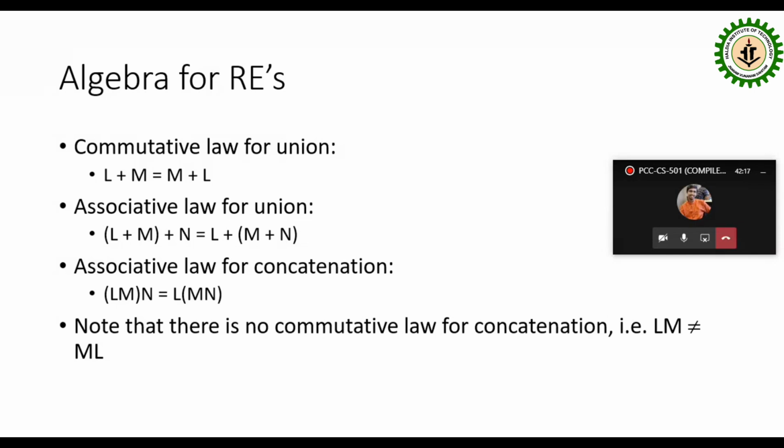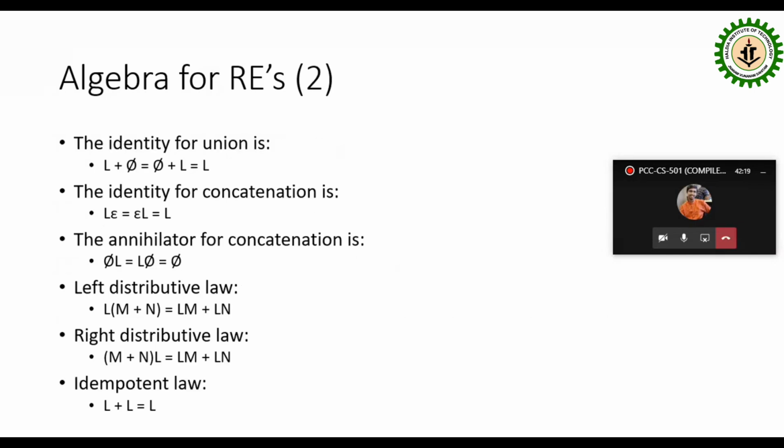All right, going to the next slide. Algebra for regular expressions. The identity for union: L plus phi equals phi plus L equals L. That is the identity for union. The identity for concatenation is null: L null equals null L equals L. For union we use the empty set phi, and here we use null.